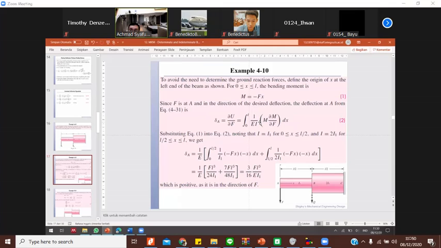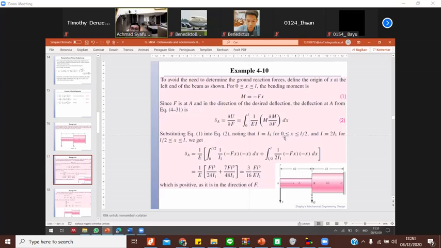Then by substituting equation 1 into equation 2, because it has a different cross-sectional area, we consider I1 equal to I, so I2 equal to 2I1.